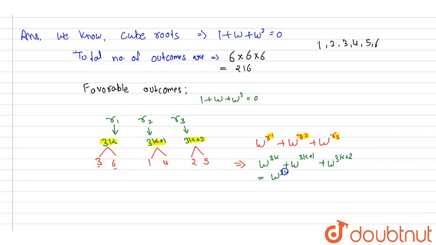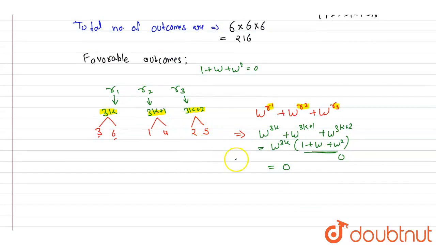We can take common omega to the power 3k, and we have 1 plus omega plus omega square, which is equal to 0. We get the total value 0. That is what we need in the probability.